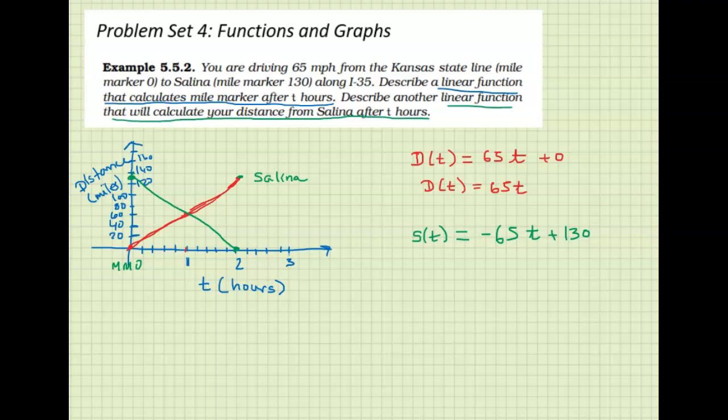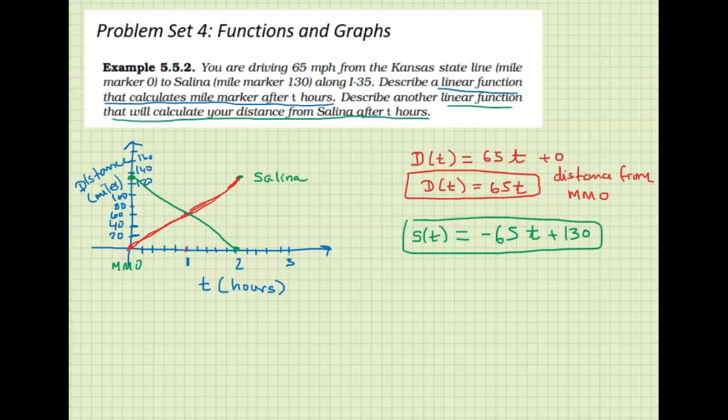You can see these are two different descriptions of the same scenario. d of t calculates the distance from mile marker 0, and this one calculates the distance from Salina.